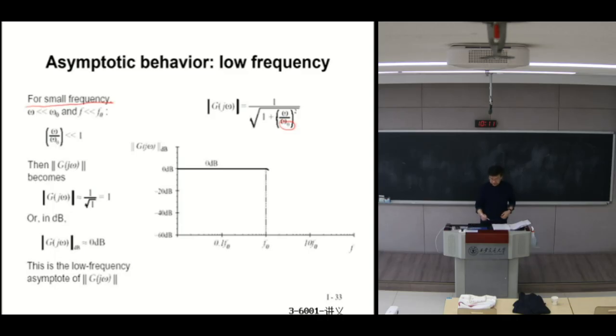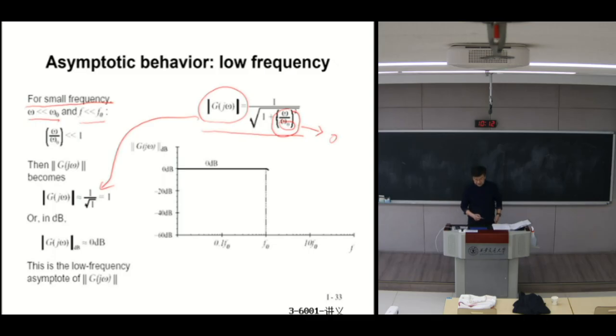If the frequency is much smaller than omega 0 or f0, that's called low frequency. In that case, this item is going to approach 0 because omega is much smaller than omega 0. So the magnitude is approximately equal to 1.